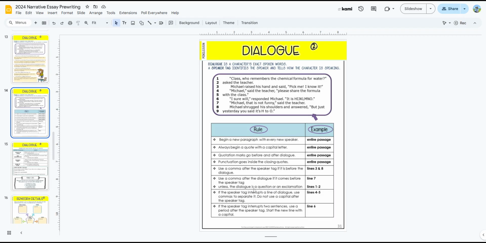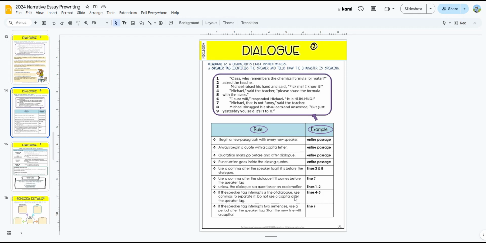In lines 1 and 2 it says unless the dialogue is a question or an exclamation. So we have this exclamation point and a question mark, and then there's no comma after that dialogue right there. In lines 4 and 5, if the speaker tag interrupts a line of dialogue, so that means if the speaker tag goes in the middle of the dialogue, use commas to separate it.